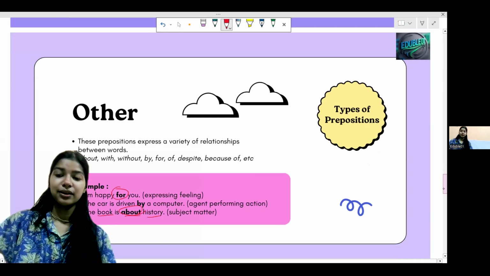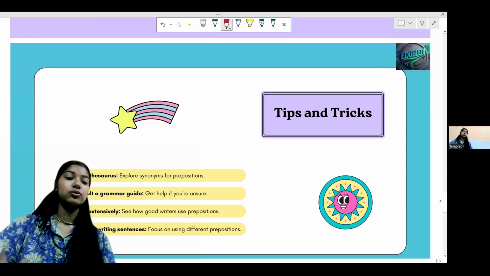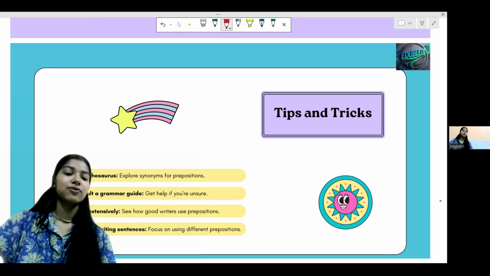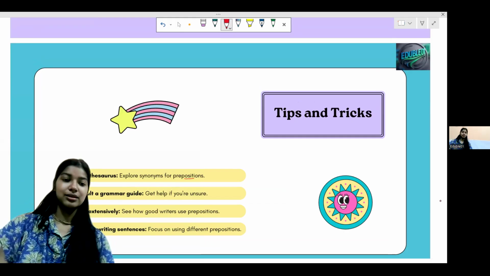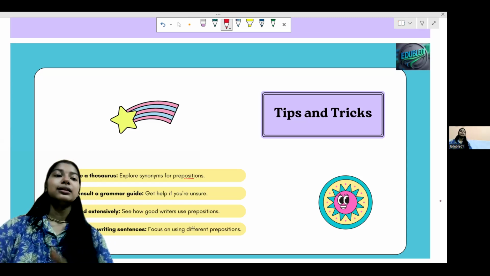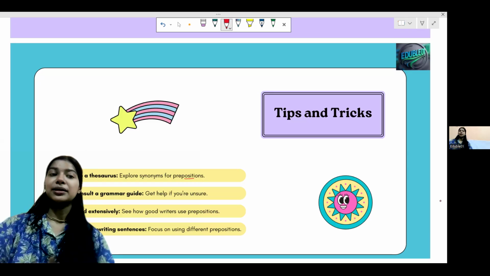Okay, so now we are going to look at tips and tricks. Explore synonyms for the prepositions. If there is one word, then there can be other words that mean the same.